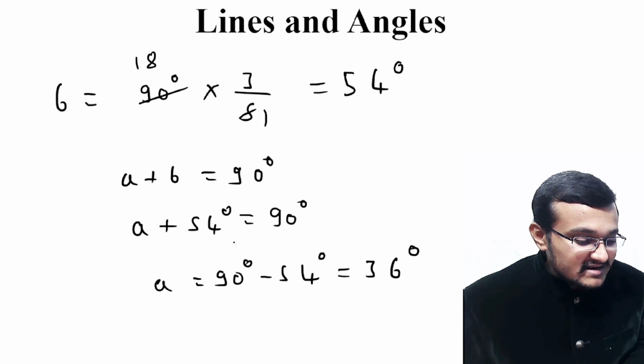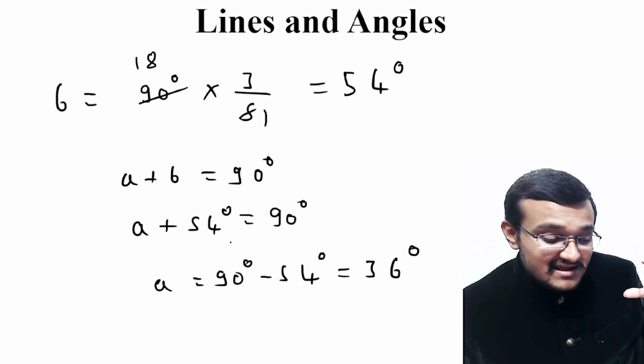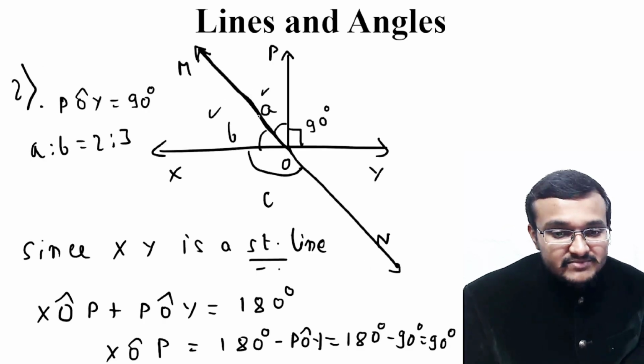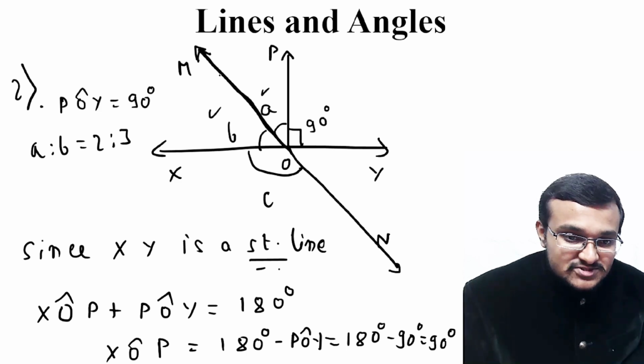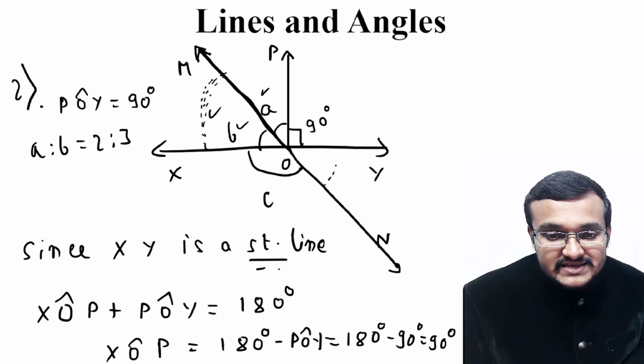And here you can clearly see that B angle and NOY angle, that is in this particular image, MN is also straight line and XY is also straight line. So these two angles act as vertically opposite angles, that is XOM, that is angle B, and this NOY.